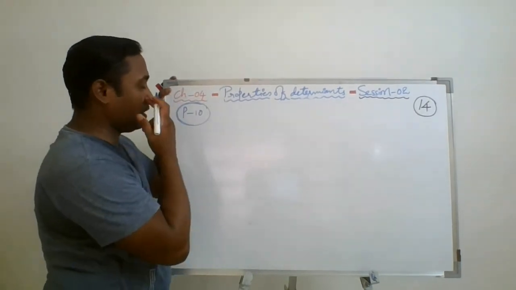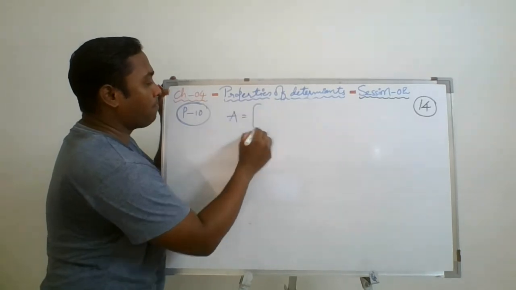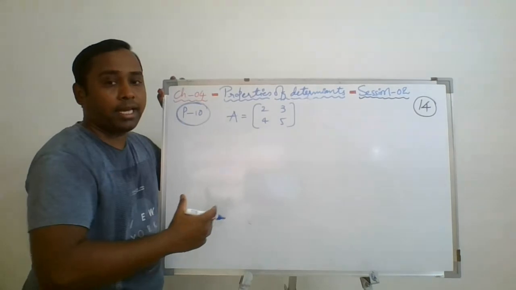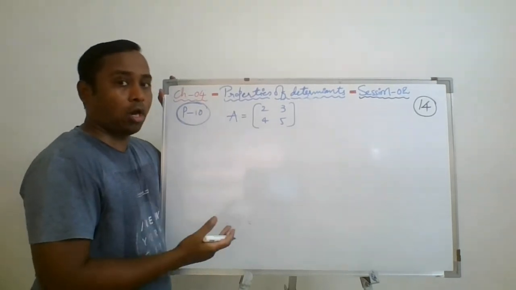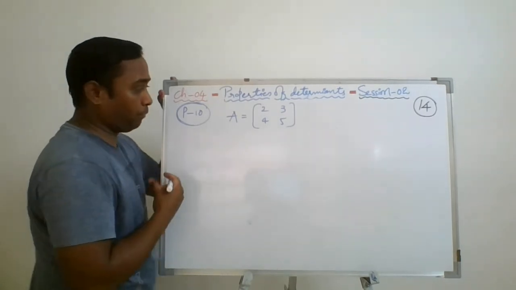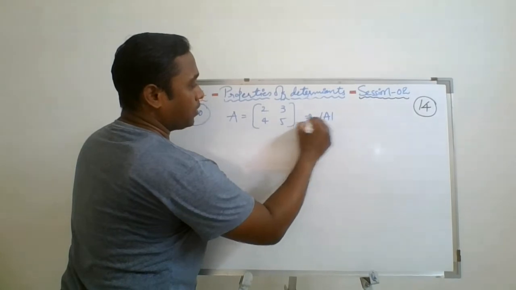See, what does it say? If you apply any row operation or any column operation to a matrix A, then the det value remains the same.